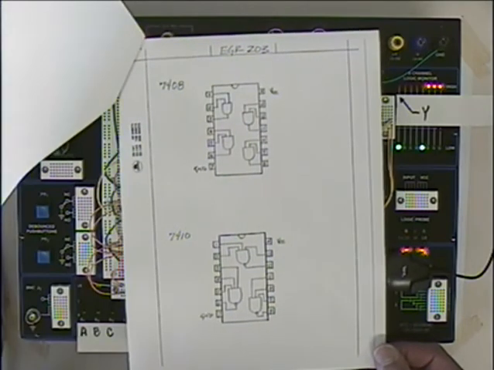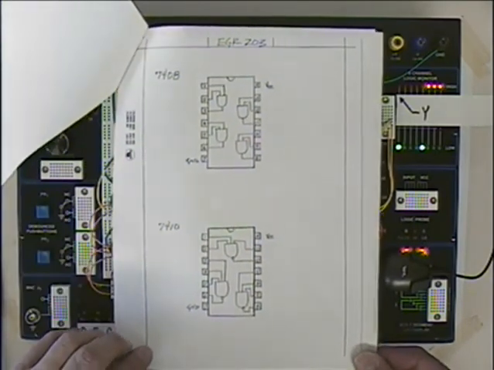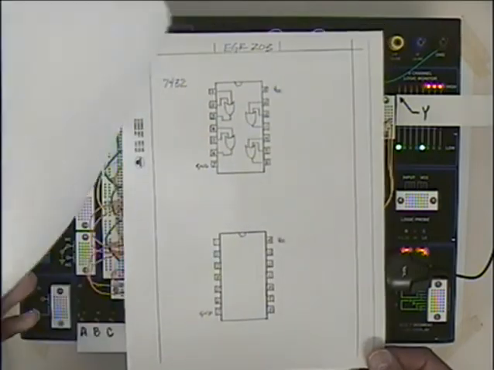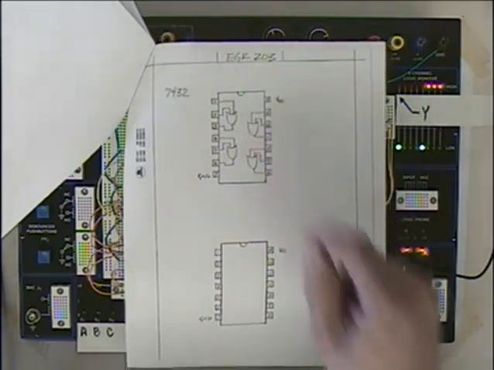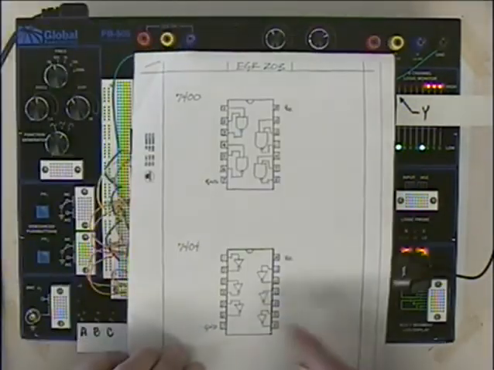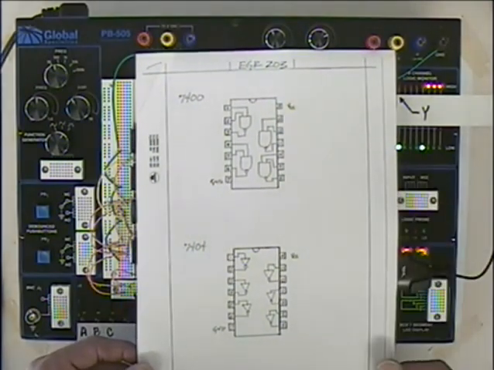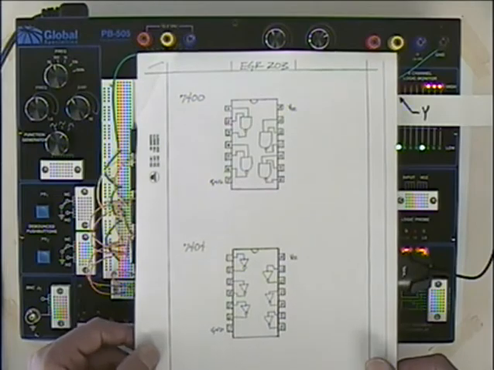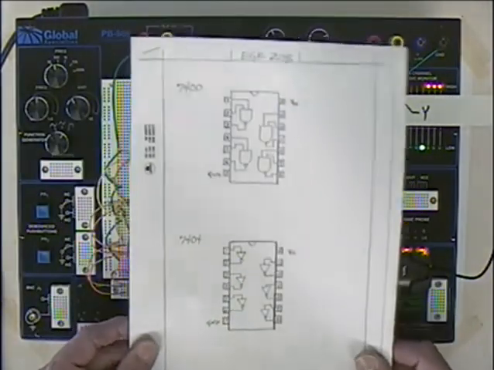You've got the 7408, that's the AND, the 7410, that's 3 input, we won't be using that, and finally the 7432, which is the OR that we'll be using. So we'll be using these 2 input ORs, the 2 input ANDs, and the inverter. And then I think next week on lab number 7, we'll be using the 7400. Okay, so those are for your use.